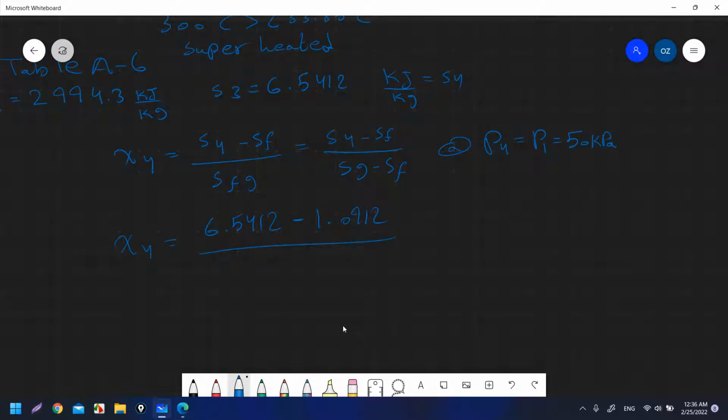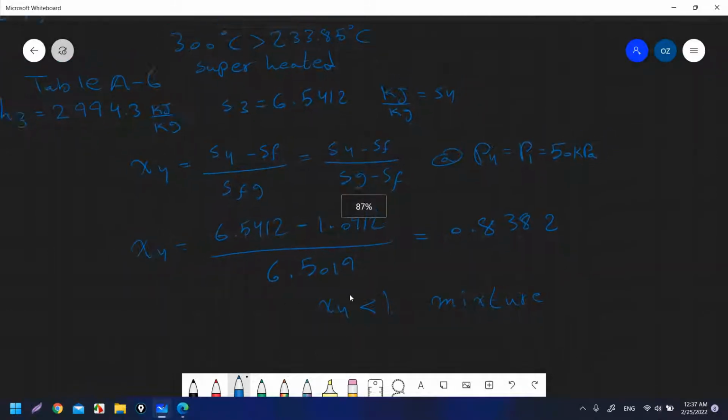SFG is 6.5019, and this will give you 0.8382. So the quality X4 is less than 1, so it is a mixture. It is inside the dome. You have some liquid and some vapor.